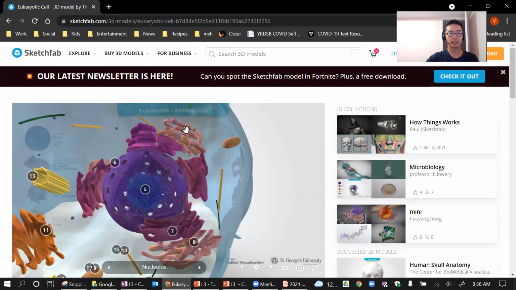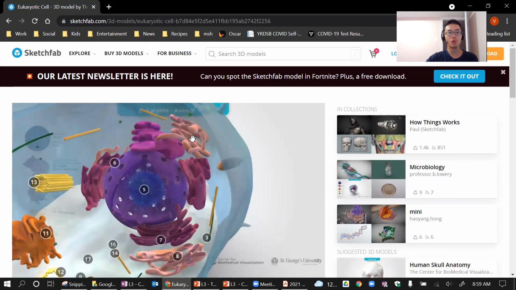Further out, these little beige sausage-looking things, those are the smooth endoplasmic reticulum. So nucleus, then outside of that the rough ER, and further out the smooth ER. I encourage you to play around with this. You will find it in the extra resources under the lecture 3 folder.